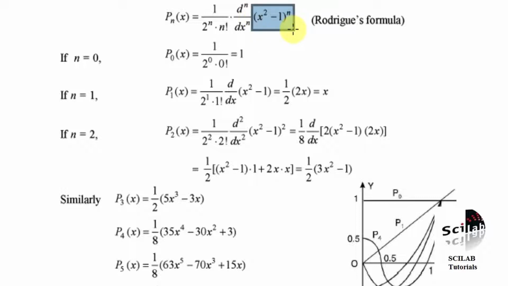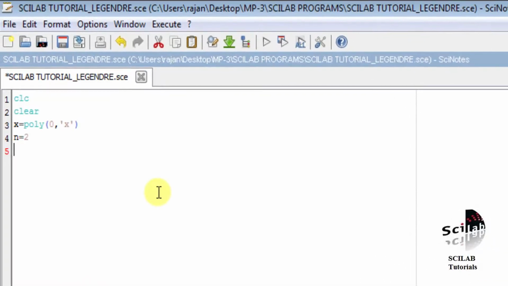We will create this (x² − 1)^n term in our Scilab editor. Let us assume that y = (x*x − 1)^n. This command will generate the expression (x² − 1)^n.